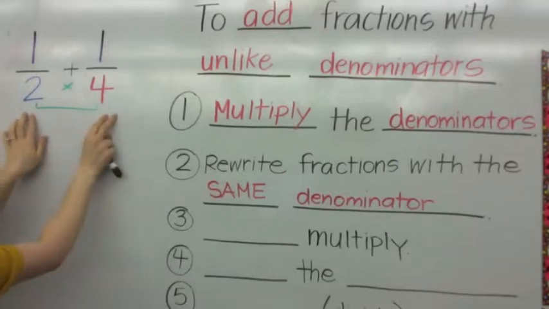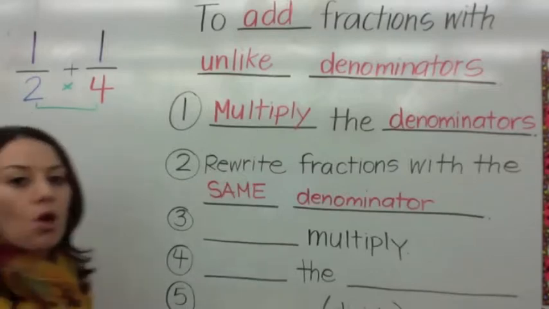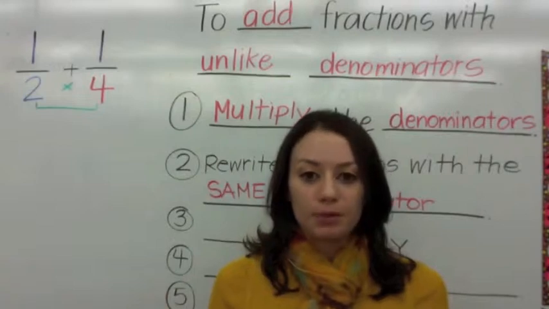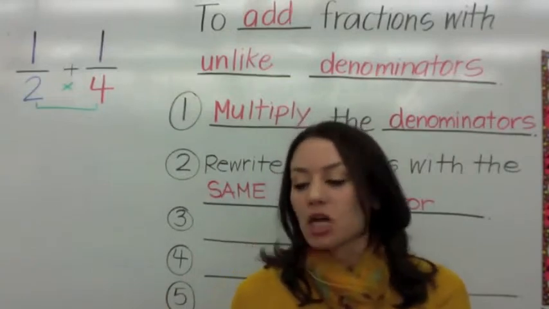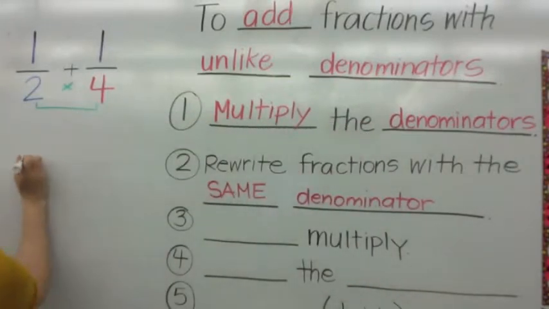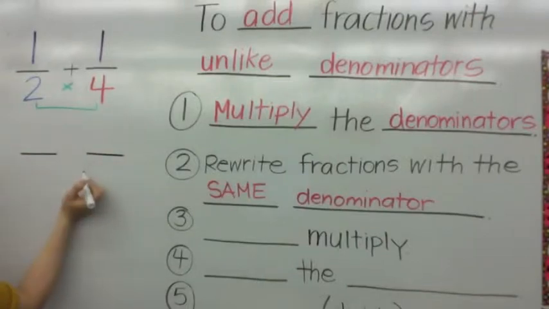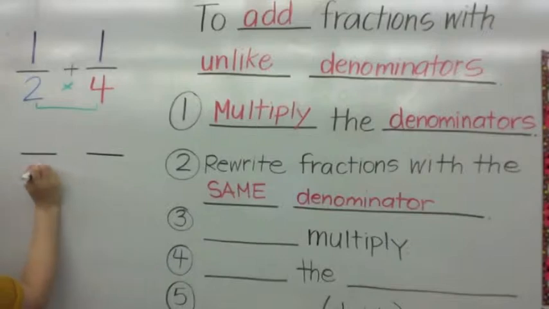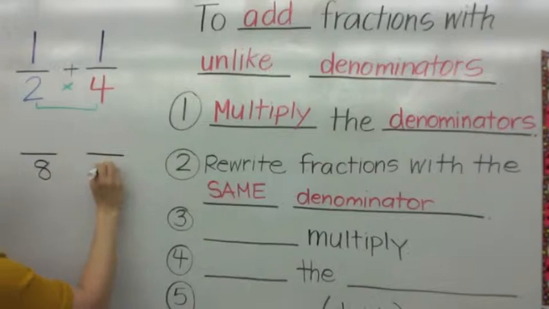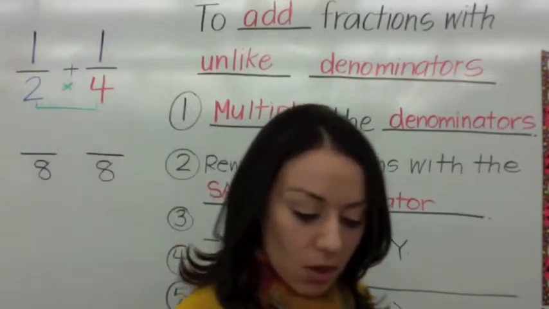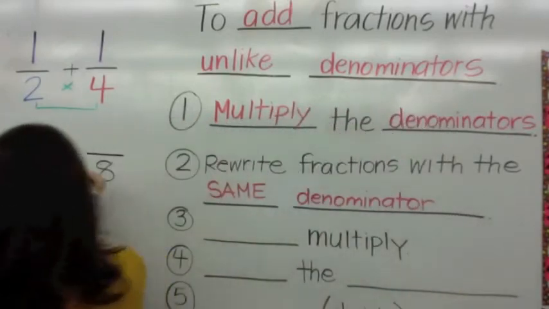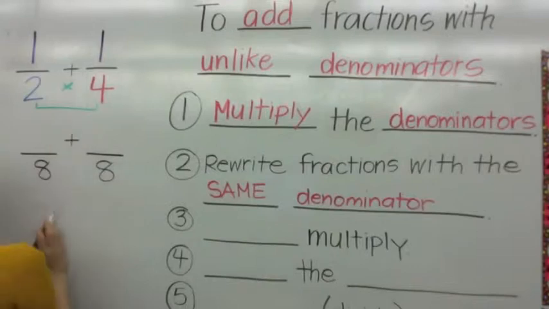They are different. In order to make them the same, what could I do? I could multiply them, right? So what is 2 times 4 then? It's 8, right? So 2 times 4 is 8. So I'll rewrite this fraction with an 8, and I'm going to rewrite this fraction with an 8. So now we're working in eighths. Remember, we are adding these fractions, so put an addition sign just so you remember.